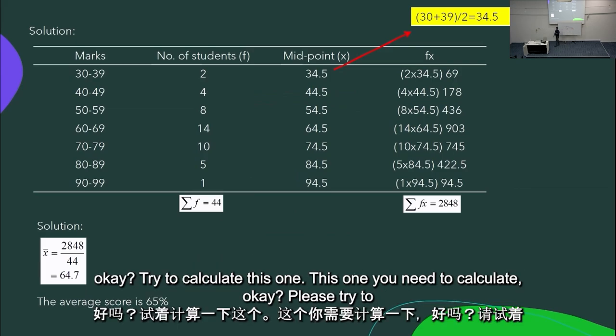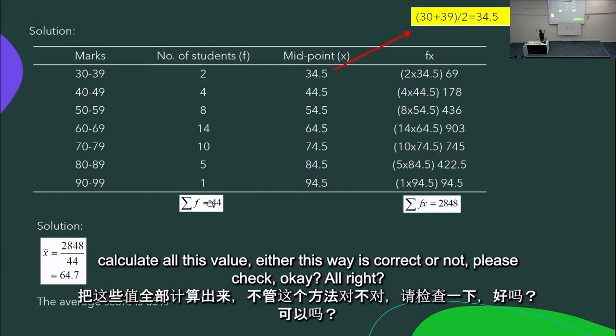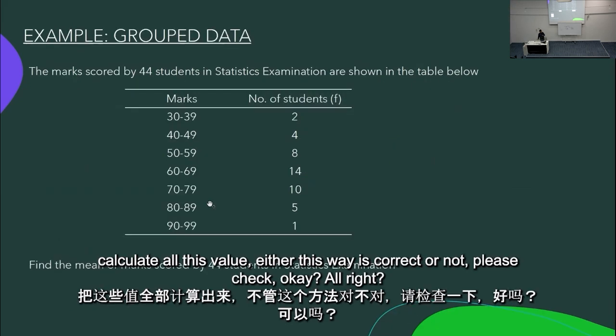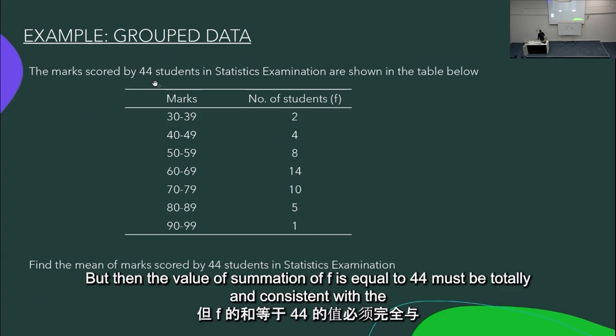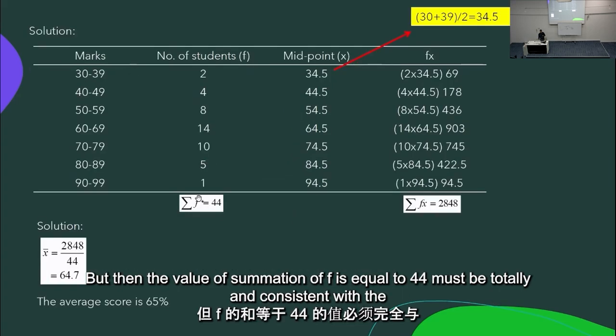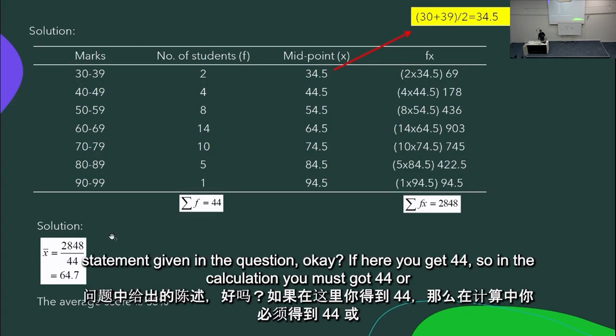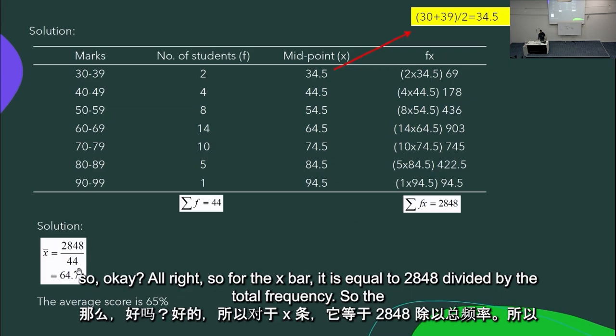Try to calculate this one. You need a calculator. Please try to calculate all these values and check whether this one is correct or not. But the value of the summation of f is equal to 44, which must tally and be consistent with the statement given in the question. If here you get 44, in the calculation you must get 44 also.